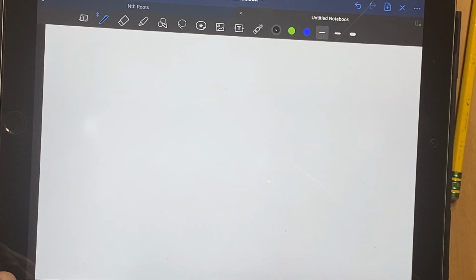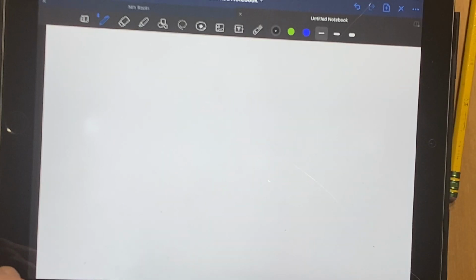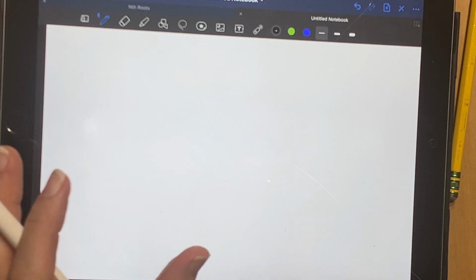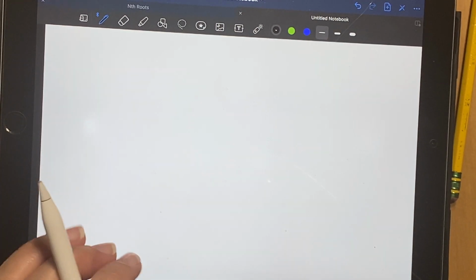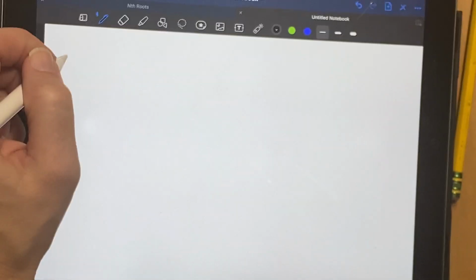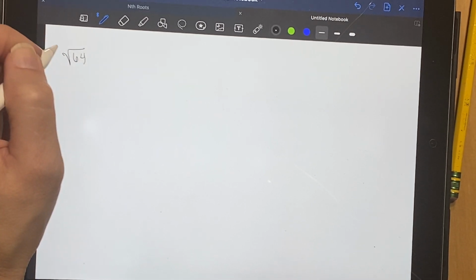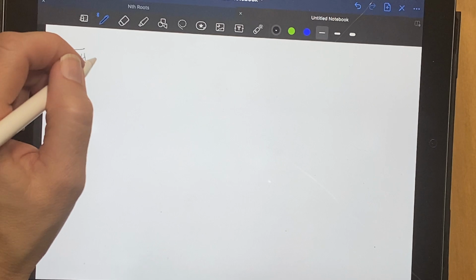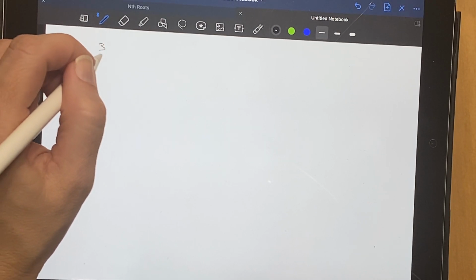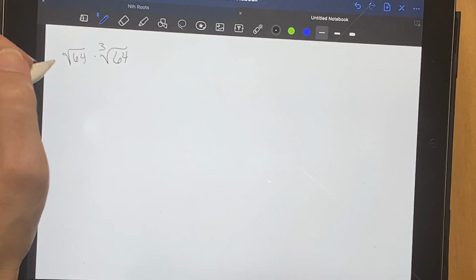Okay, so properties of radicals number 34 through 41, again, they're just wanting us to simplify. But instead of having a base with fractional exponents, we've gone back to using the radical sign. So for 34, we've got the square root of 64 times the cube root of 64.